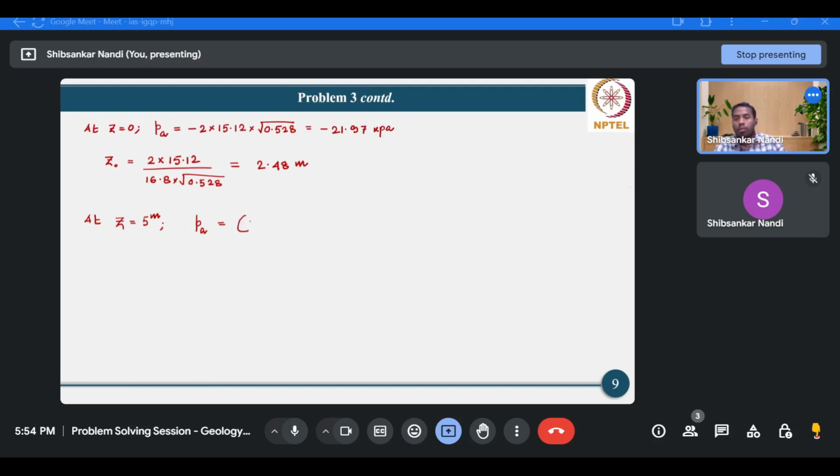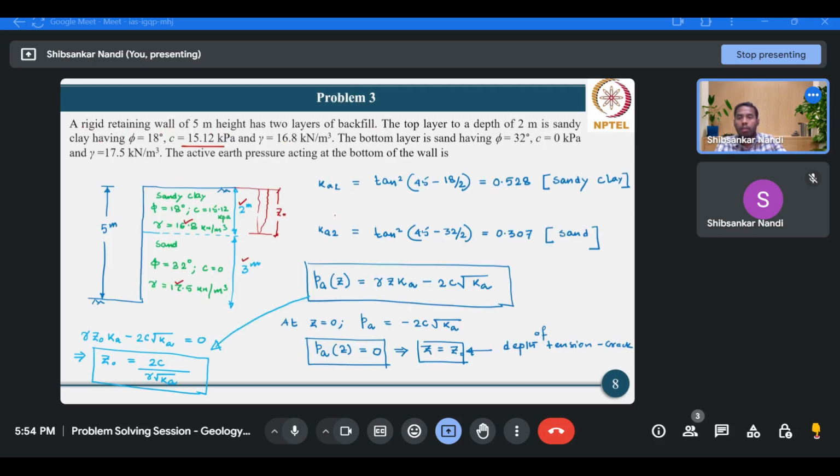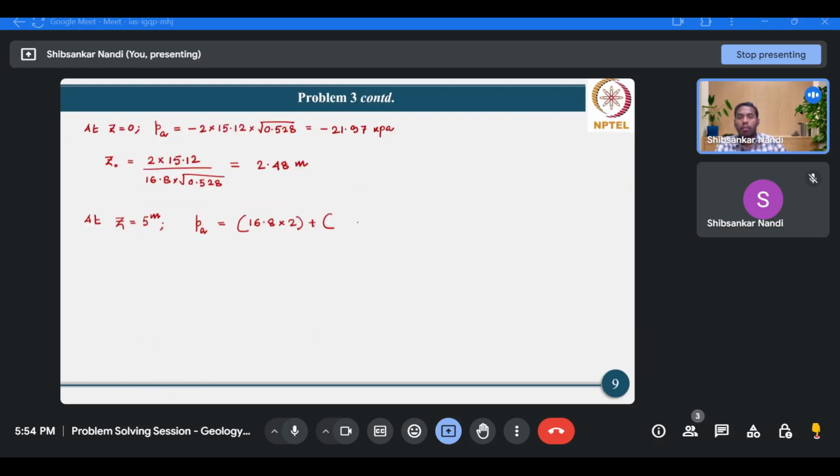So 16.8 multiplied by 2 plus 17.5 multiplied by 3.